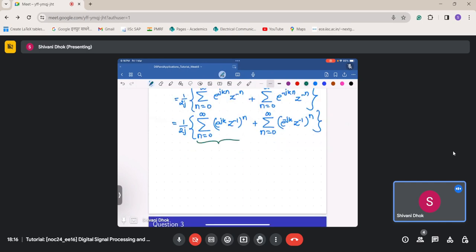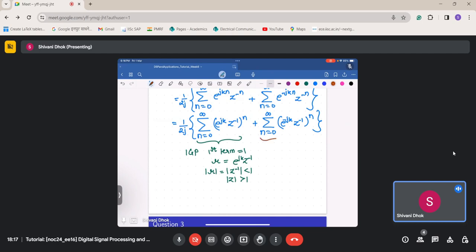So this quantity here is an infinite geometric progression with first term 1 and common ratio e power j k z to the power minus 1, and this will converge if magnitude of r, which is equal to magnitude of z inverse, is less than 1, or magnitude of z is greater than 1.